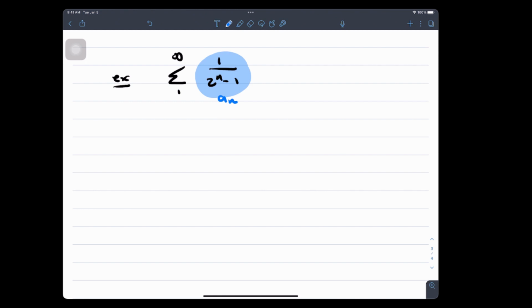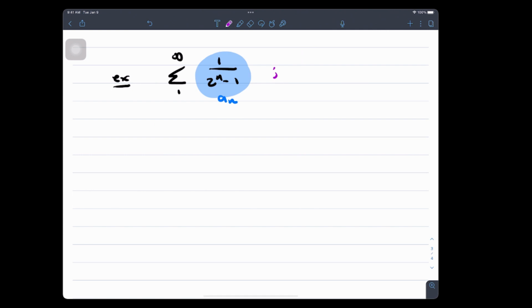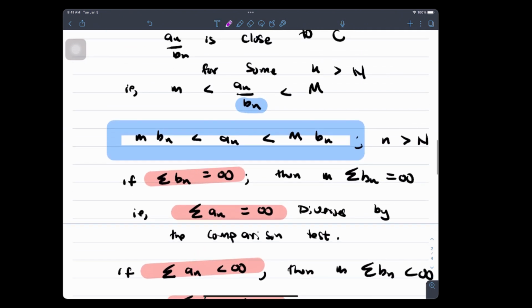That's your series An. What you need is another series Bn to compare it to. So you need two series. It's a comparison test. But then you might say to me, how do we compare it to this particular series right here? In theory, you can compare it to any series of positive terms, because there's no other criteria.